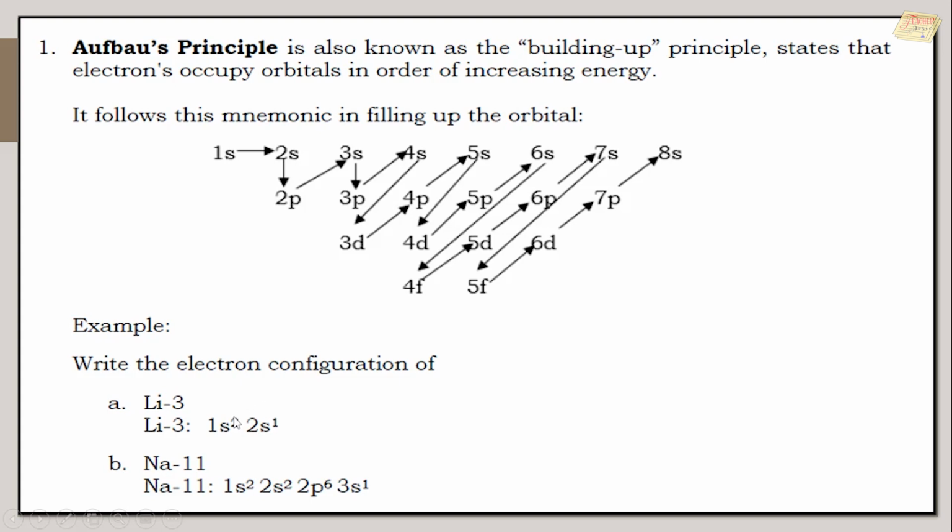If you add the exponents 2 and 1, that would be equal to 3, which is the number of electrons. Next, sodium has an atomic number of 11, meaning there are 11 electrons. So we have 1s2, 2s2, 2p6, and 3s1. If we add these, it gives us a total of 11. Here are some other examples.